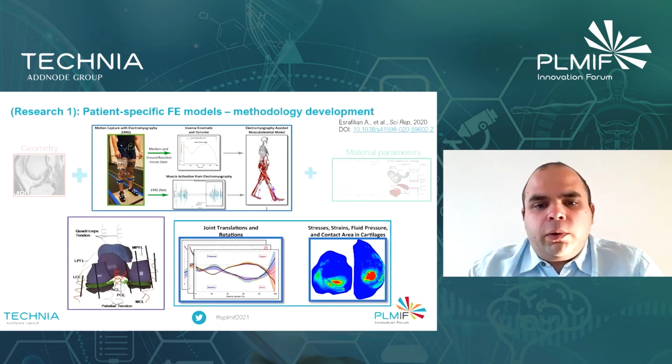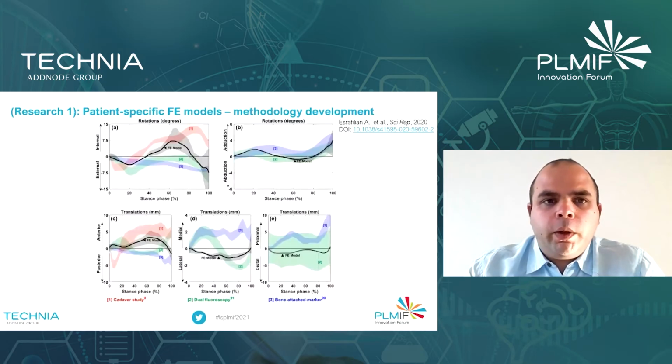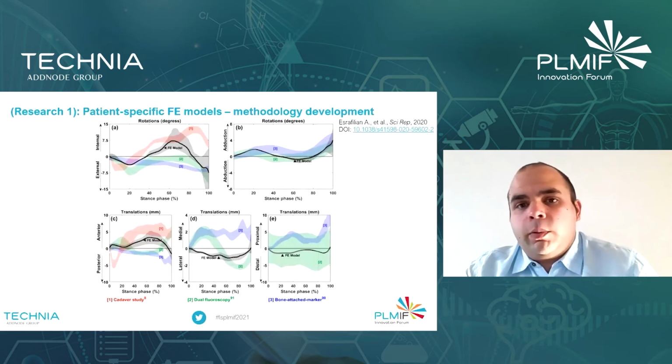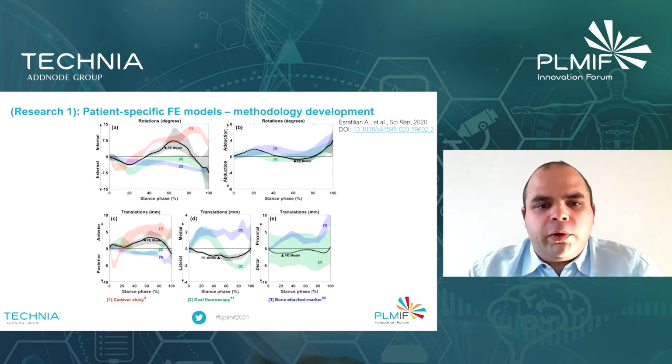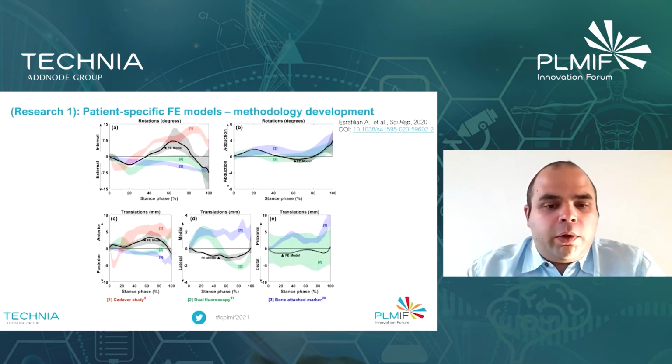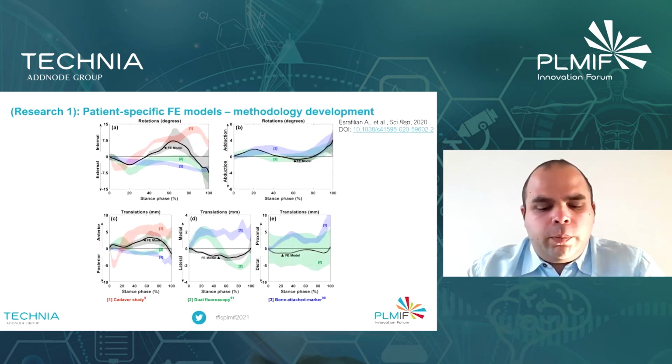Generally, it's just to ensure that they are within reasonable ranges. And here, for instance, you can see that the finite element model is within a reasonable range compared to previous studies from other researchers.